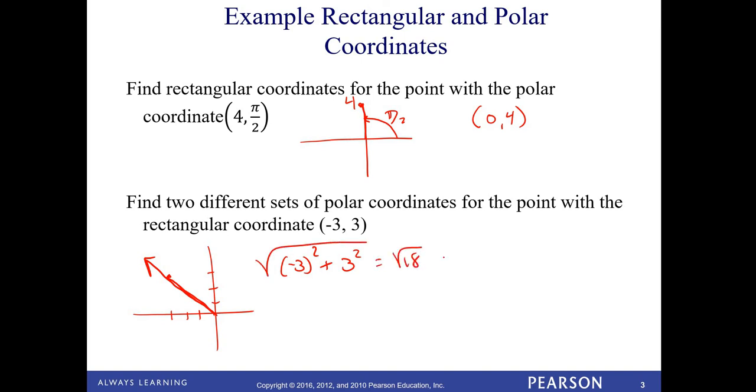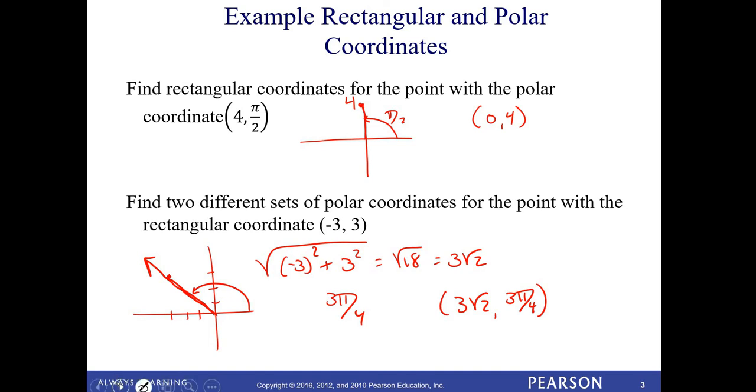So that's root 18. 9 plus 9 is 18, yep. So that's 3 root 2. And the angle measure I should know as 3 pi over 4. So this is 3 root 2, comma, 3 pi over 4. So that's moving from rectangular to polar and back again.